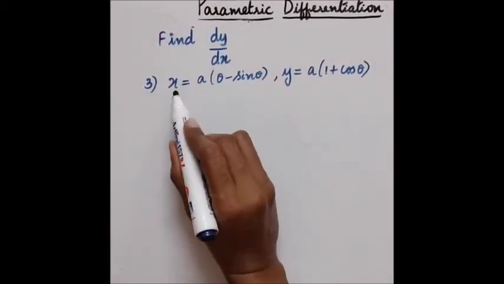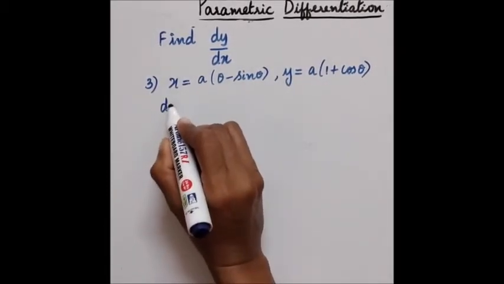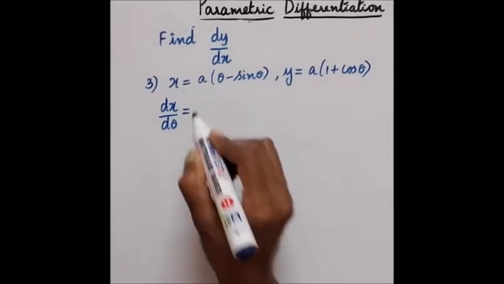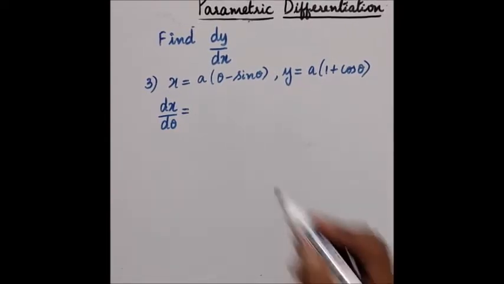So now we can observe that x and y are functions of theta. So find dx by d theta and dy by d theta. Differentiate both with respect to theta.